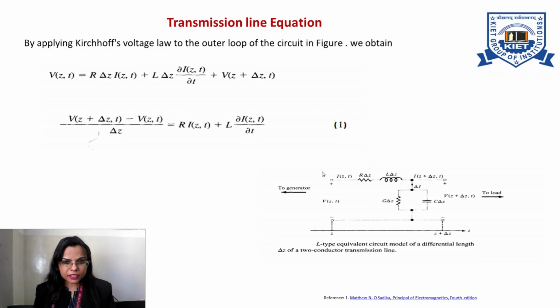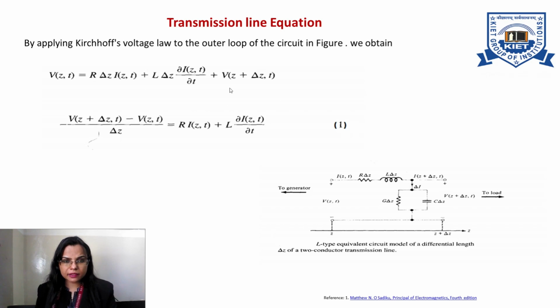By applying Kirchhoff's law in this loop, we obtain V(z,t) equal to R del z times the current I(z,t) plus L del z del I(z,t) over del t plus V(z plus del z, t).